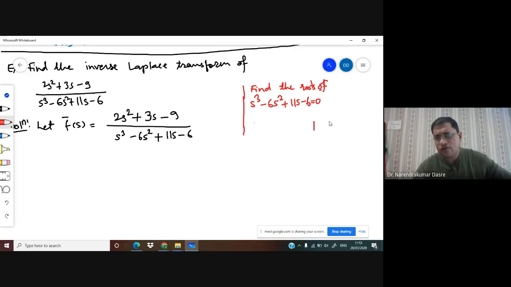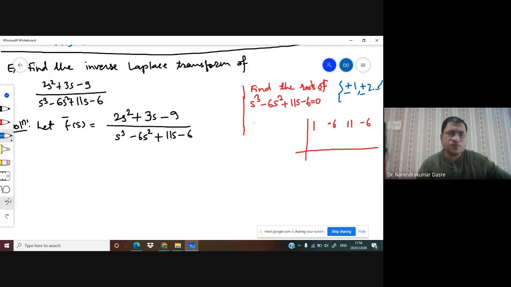The coefficients are 1, minus 6, then 11, and again minus 6. In synthetic division, we start with the terms plus or minus 1, plus or minus 2, and like this. This is how we consider the roots.